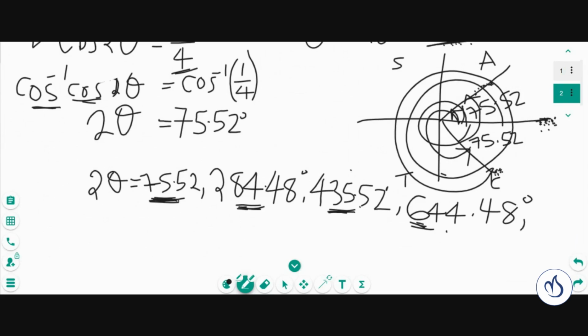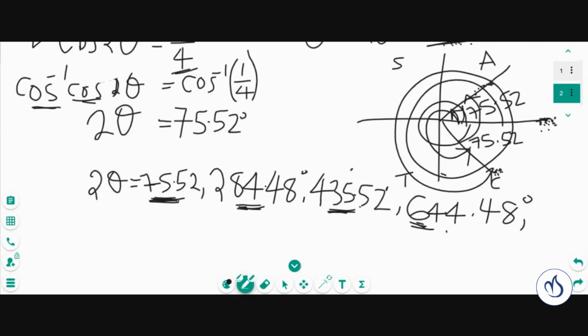I try to add 360, but when you add 360 on 435.52, you get 790, which is beyond the range. So we just stop there. These are the only values of 2 theta which fit in the range.